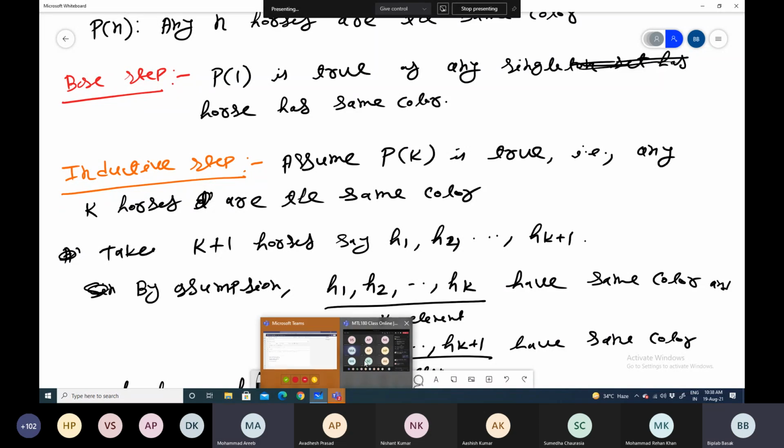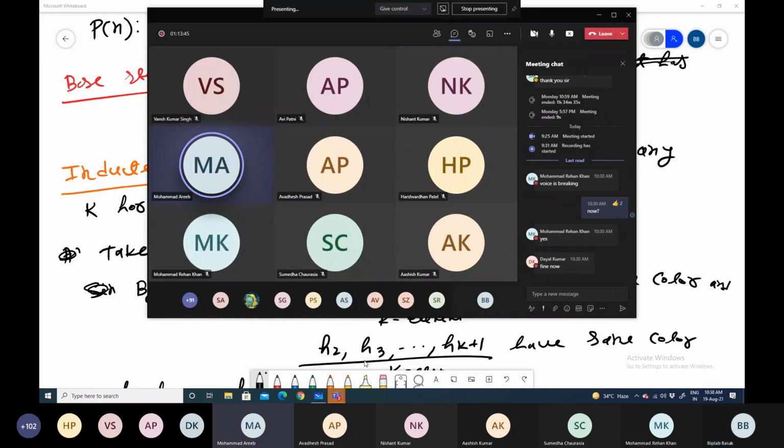Sir, the inductive chain is broken because P2 is not true. Right, P1 does not imply P2. So what exactly are we proving? All horses are the same color. But what we actually proved is that given any integer n, we can have a set of n horses of the same color.